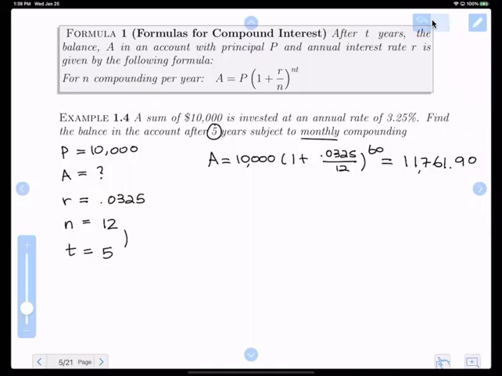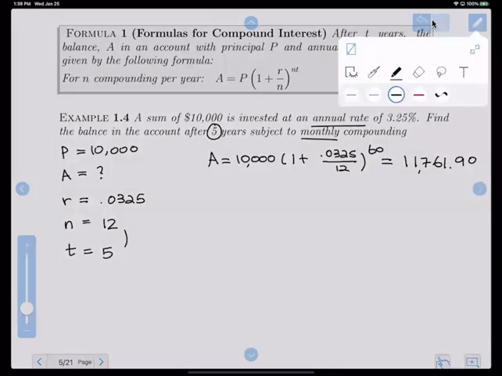Now, some of us get confused. It says annual rate. So 3.25 all together for 1 year, 3.25%. Not just monthly. So every month it is divided by 12. I want to change this wording a little bit.